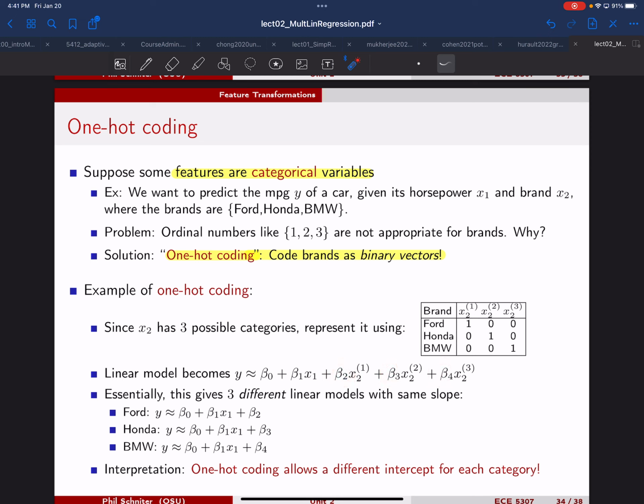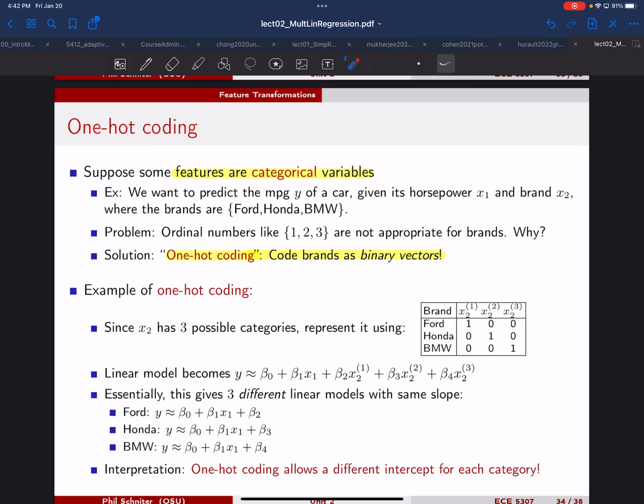If you think about what's happening, when you look at the subset of data that are the Ford samples, all of those samples are going to be using this model with the beta 2 here, because for all the Ford samples, this is 1, this is 0, and this is 0. So effectively, these terms go away, and you just have the first 3, but actually X2 goes away as well, and so you get this.